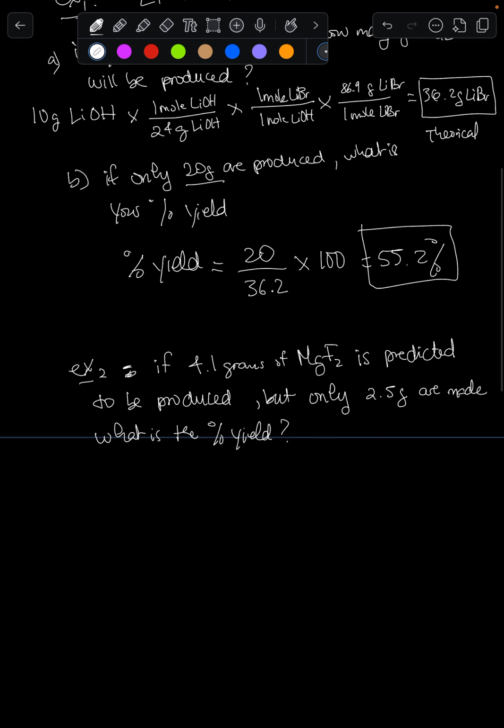Again, here what you would do is do 2.5 divided by 4.1 and multiply this by 100, and very simply get a result of 59.6%.